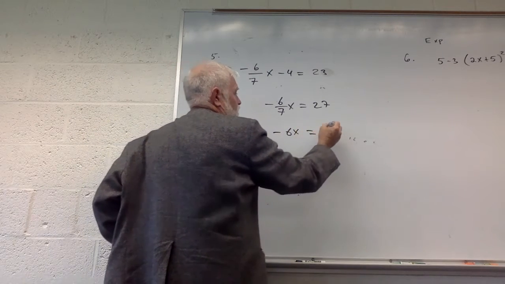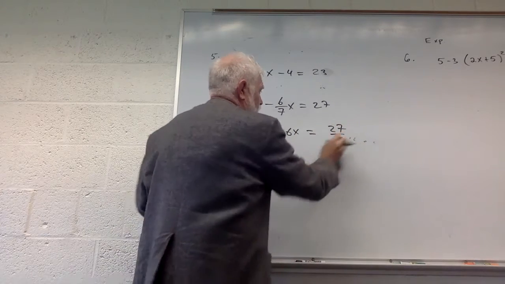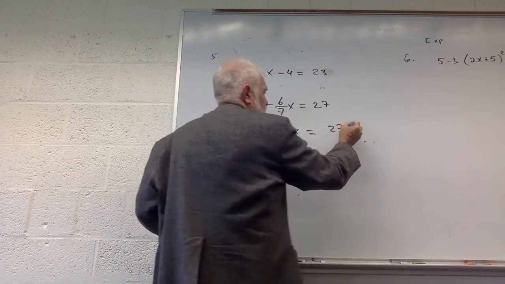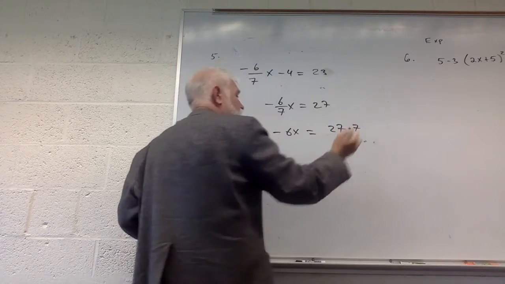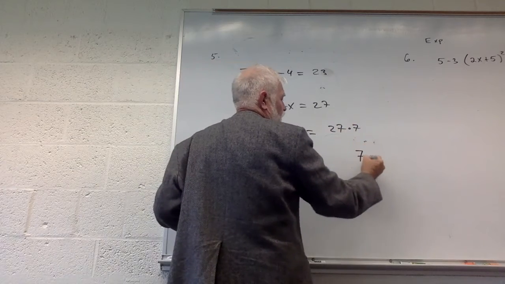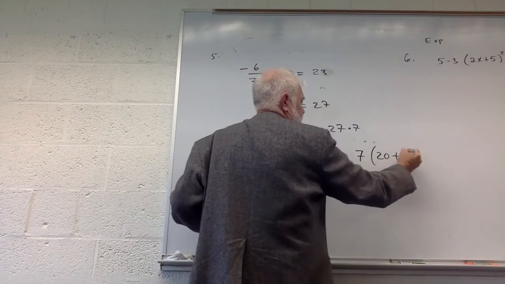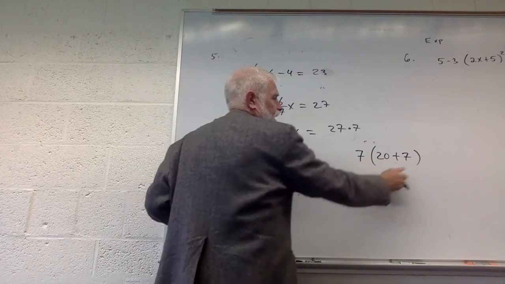-6x is equal to 27/7 times 7. Sorry, I got a little tired here. 27 times 7. I didn't feel like working that hard. All right, here's a little trick of the trade. To do that without a calculator, you want to rewrite it as 7 times 20 plus 7. So that's 140, and that's 49.